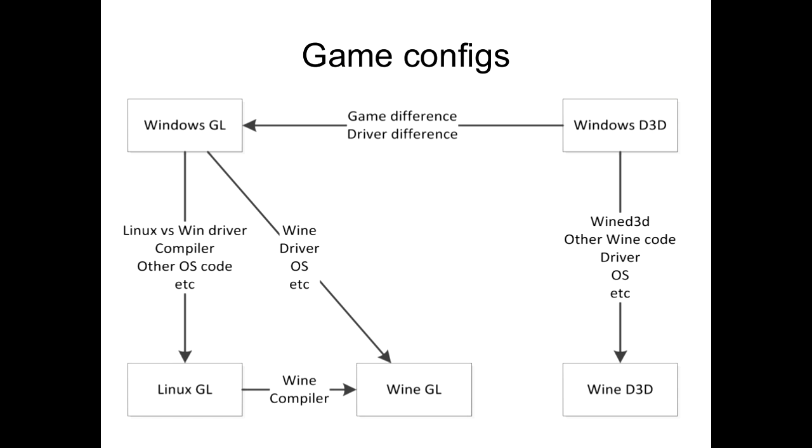You really don't know, and it's a pain to find out, but luckily some games have different configurations we can use. Like some games have a Direct3D renderer for Windows and an OpenGL renderer, and we can use those to compare how OpenGL compares to Direct3D on Windows.